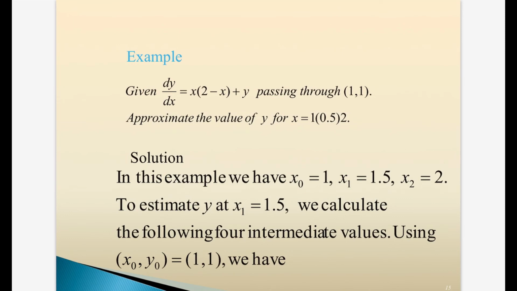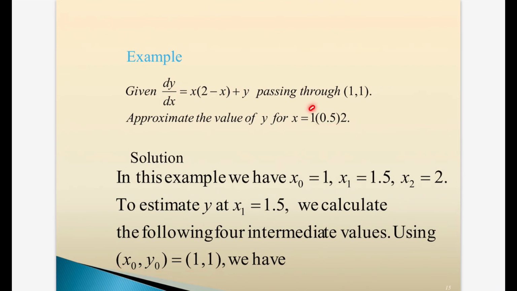Now let's look at this example. Given dy/dx is equal to x squared minus x plus y, passing through (1, 1). Approximate the value of y for x equal to 1 to 2 with step 0.5. So (x0, y0) is equal to (1, 1), and h is equal to 0.5.